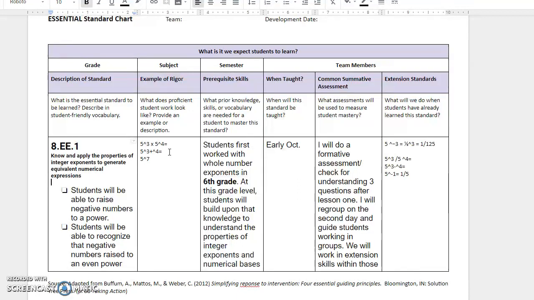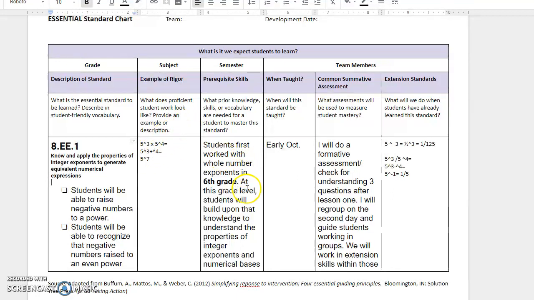So that is a very basic version. I could have put more of those formulas into this document, but it's really hard with the exponent symbol being a caret and everything else. So that's one example of rigor.